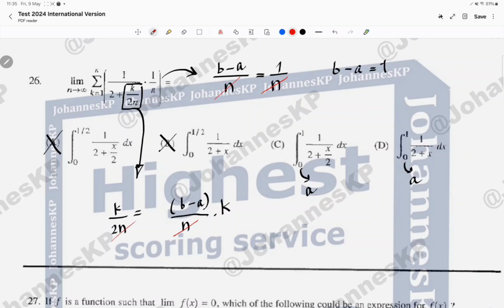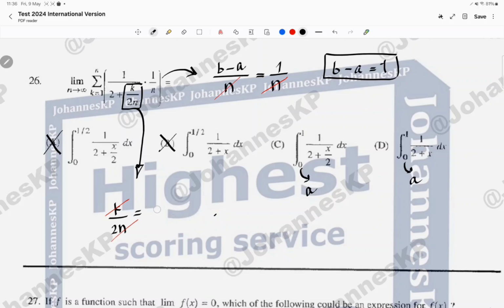Cancel the n with the n. And if you cancel the k with the k, you will get 1 over 2 is equal to b minus a. But that's not possible because we know that b minus a is equal to 1. So where did that 2 come from? That 2 is not part of x. That 2 means we're dividing x by 2. Does that make sense, or is that not clicking? Yeah. Okay.